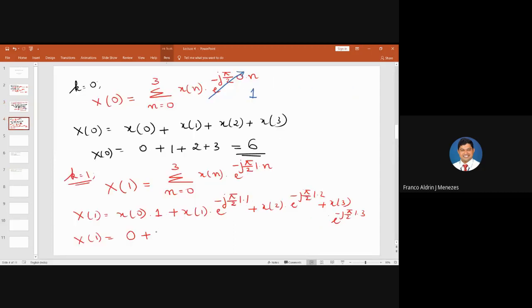So in this case, it will be 1 into, we have to find the value of this. So e to the power of minus j pi by 2 into 1. So how to obtain this particular value?